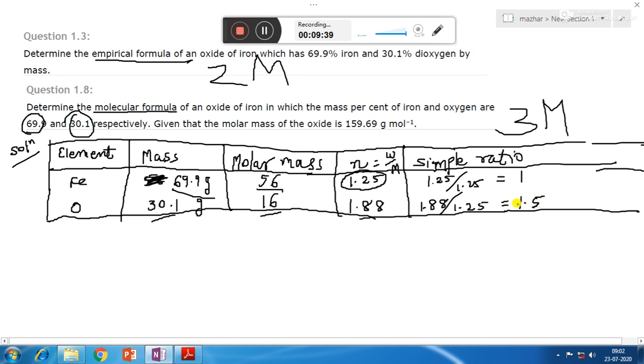Now here oxygen is in decimal point, so in order to make it a whole number you have to multiply both of them by 2. So this will become 3 and this will become 2. So what will be the empirical formula of oxide of iron?